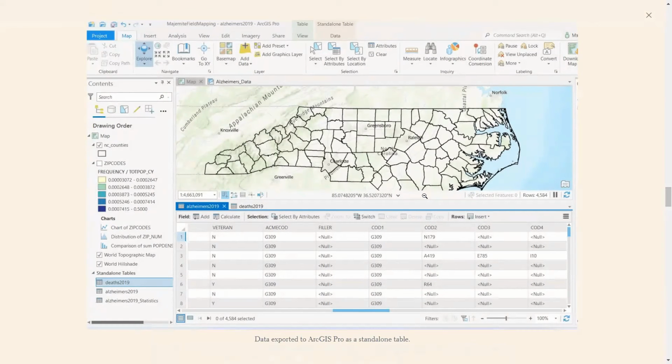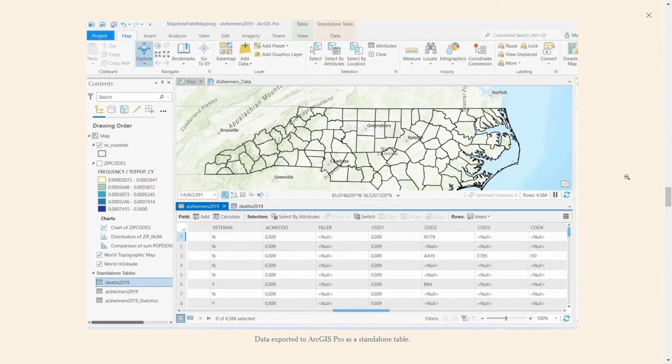Now, for the purpose of this map, this data was exported to Excel spreadsheets and imported into ArcGIS as a standalone table. To give the data spatiality so it can be mapped, I joined the table to an existing feature class that also had zip code classification, using join and relates, to understand further the distribution of altered mental status presenting as Alzheimer's in the state of North Carolina.